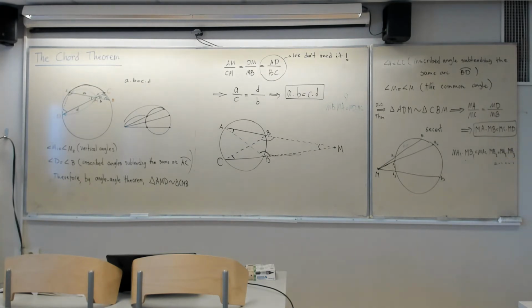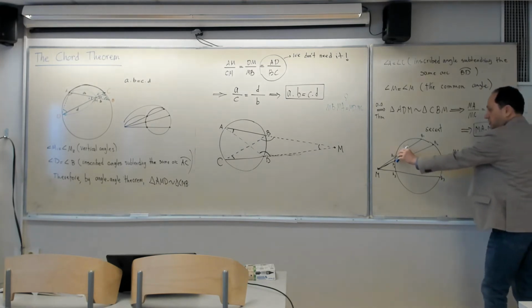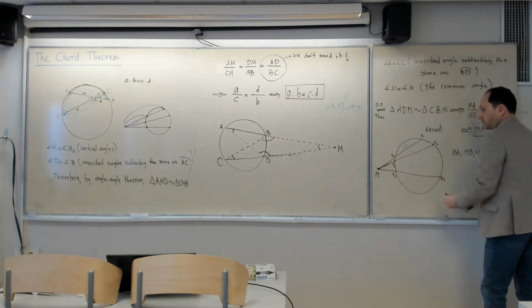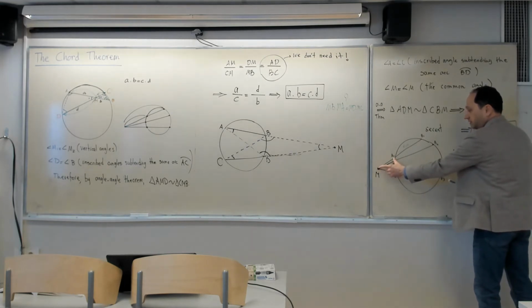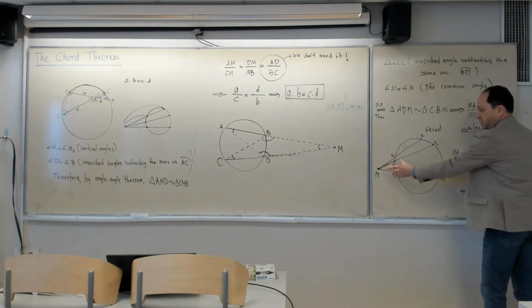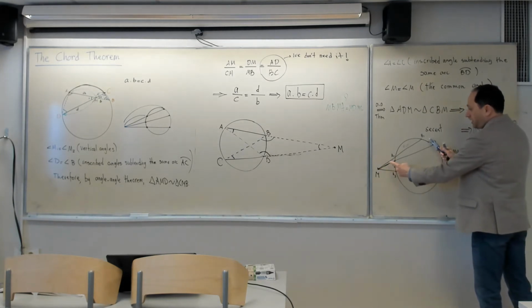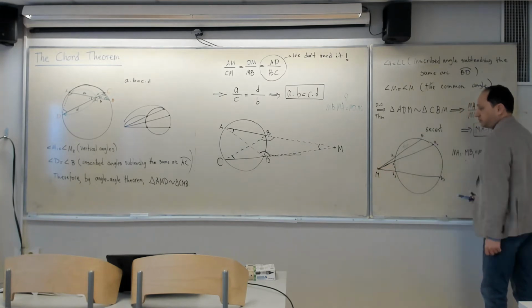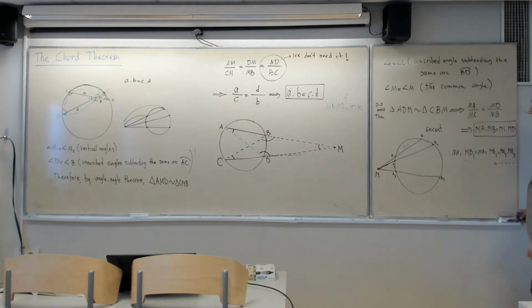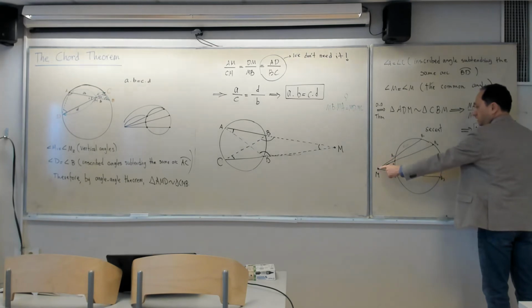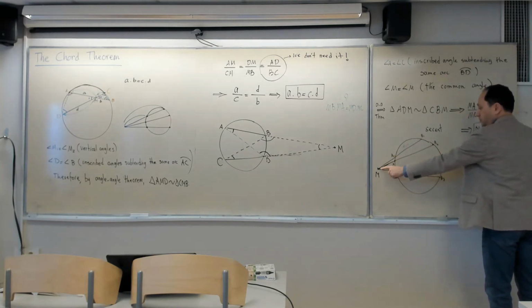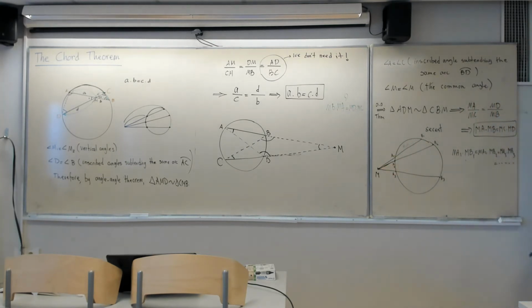Which is not trivial, because by changing the inclination of these lines, I am really affecting these lengths. This length is not equal to this length, obviously. But the nice thing is that if I multiply these two lengths, and I do the same thing here, the products are the same. Is that clear?